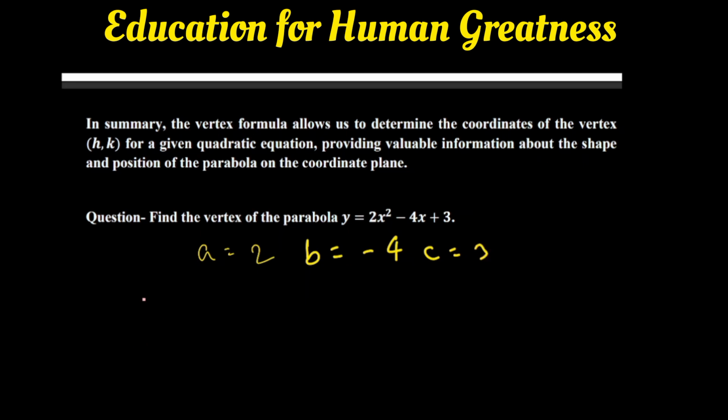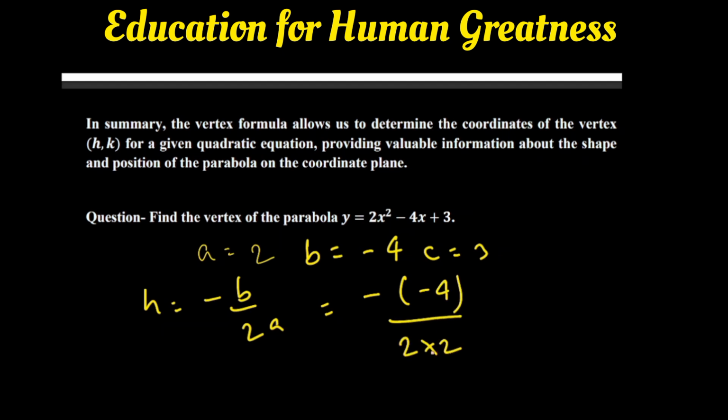As you know, h is equal to minus b by 2a. Then we can calculate the h coordinate. So it becomes minus (-4) over 2a. 2a means 2 times 2, that means 4. So 4 over 4 is 1... so h equals 1.